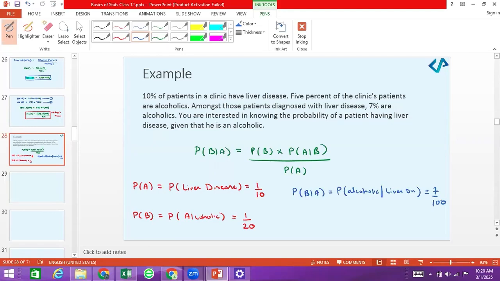Okay. So among those patients diagnosed with liver disease, you are right that this 7% will have both liver disease and be alcoholic. But it's more like this.